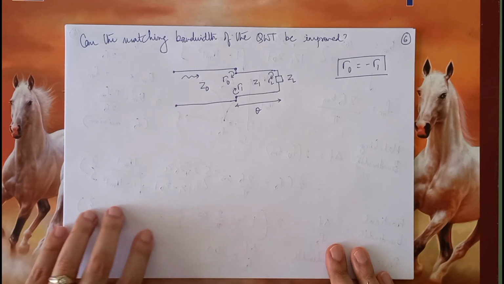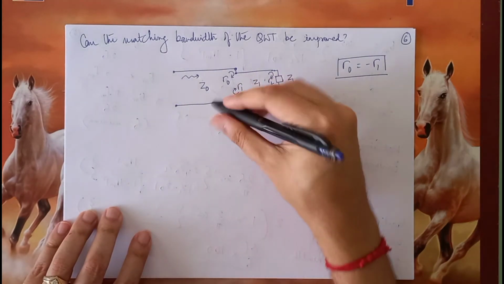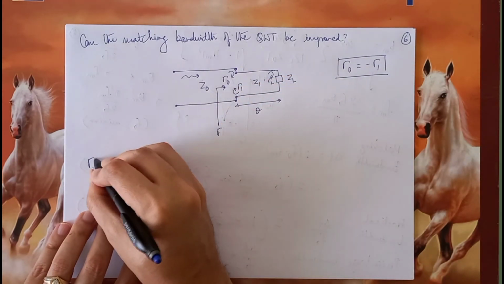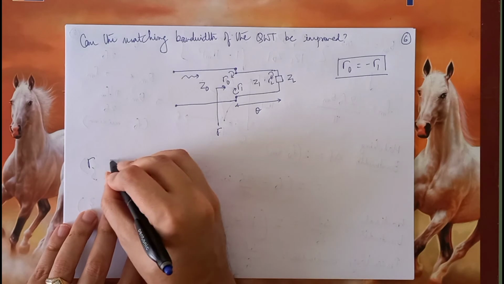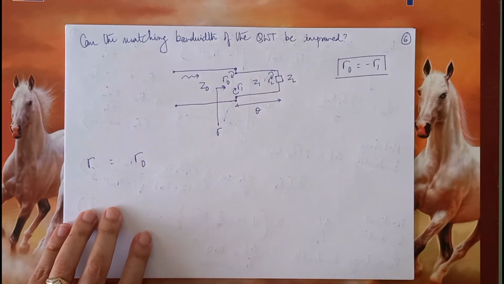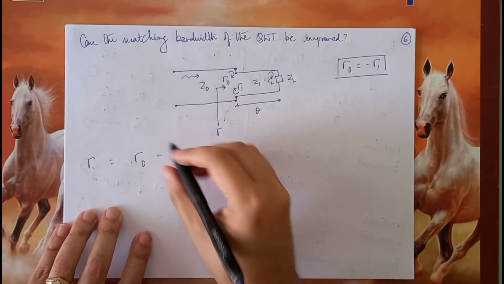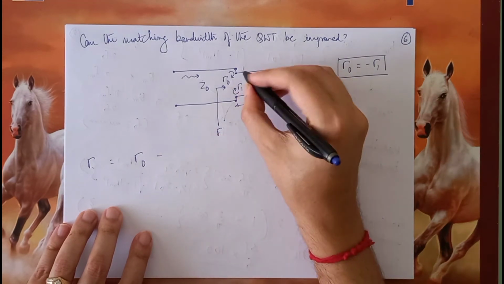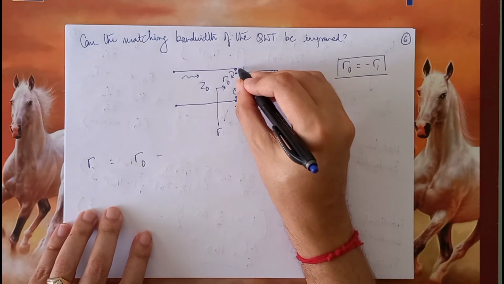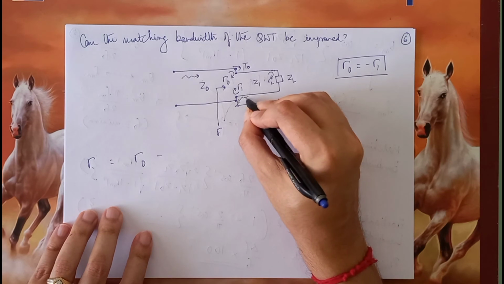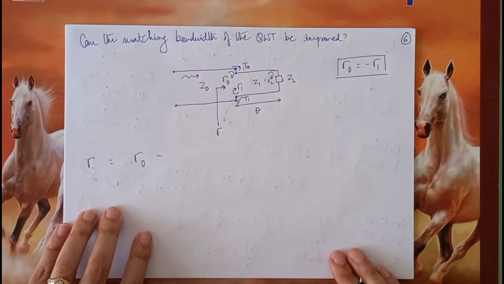If you recall, we had derived an expression for gamma looking into the transformer. It looked something like this: gamma 0 minus, and there were some transmission coefficients also. T0 is going over here, T1 is while coming back.